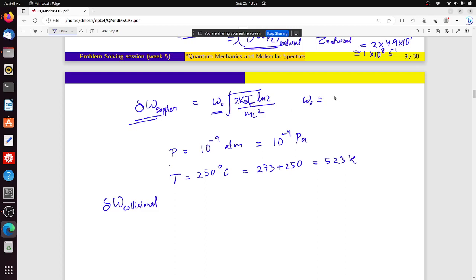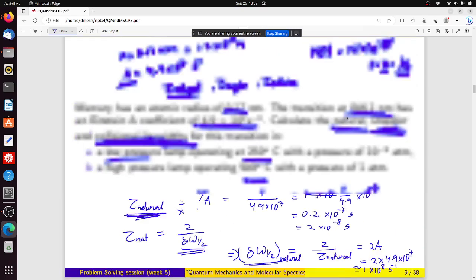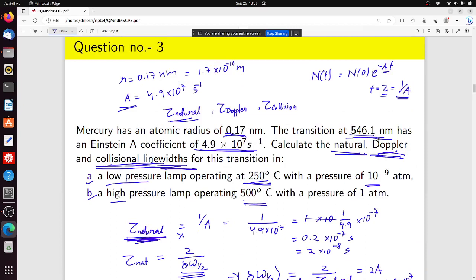Omega naught is nothing but 2 pi c over lambda, where this lambda is given. The transition line is given. That means whatever transition is happening, the emitted or absorbed light wavelength is this much.